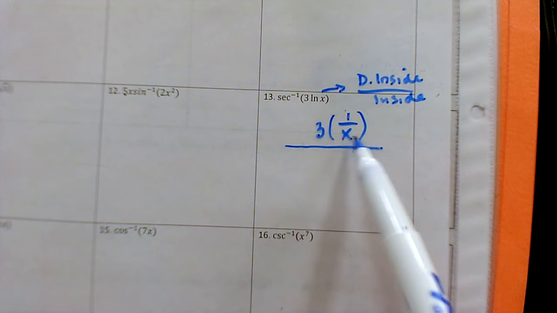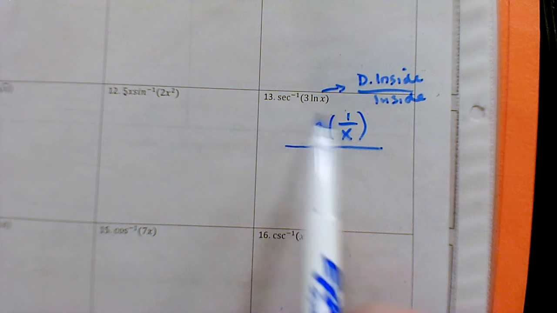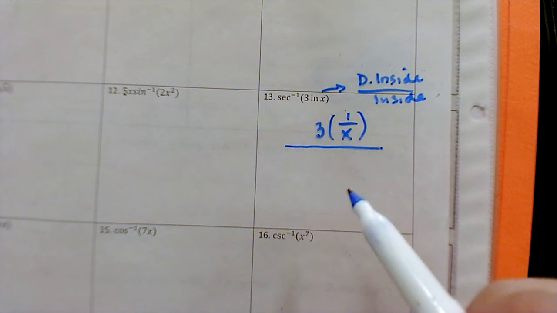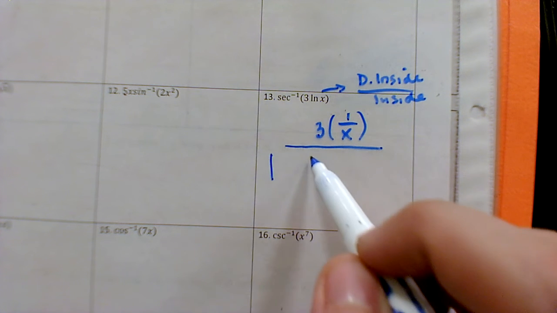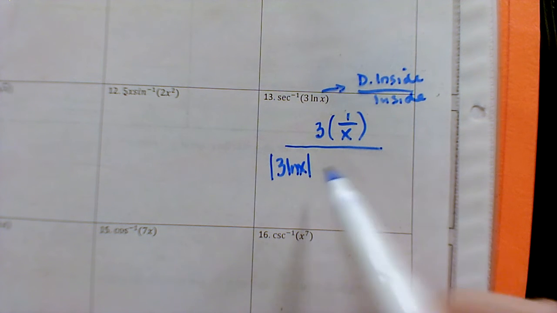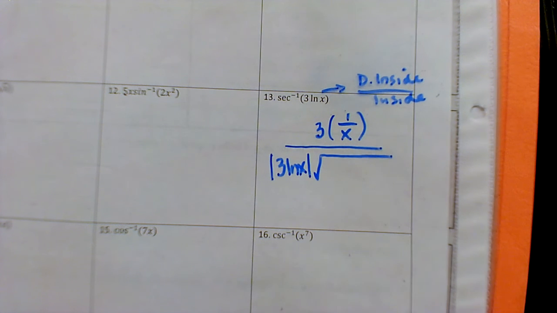All right, so that's the derivative of the inside of the secant function, but for the rest of the inverse secant shortcut, we need the absolute value of the inside times the square root of the inside squared.